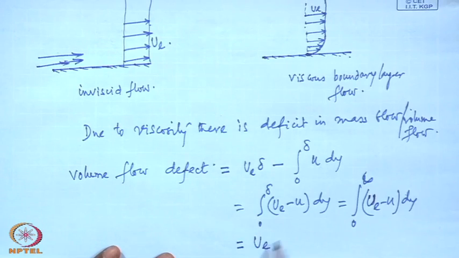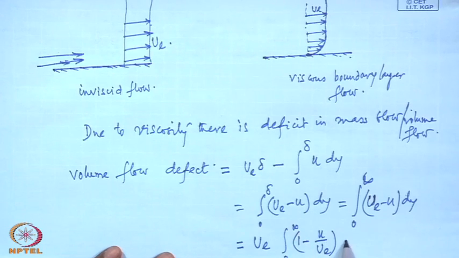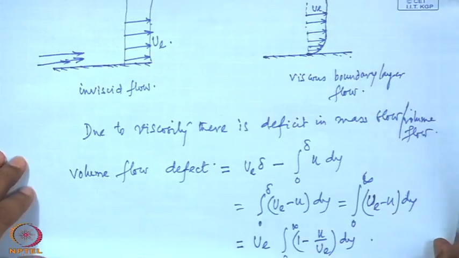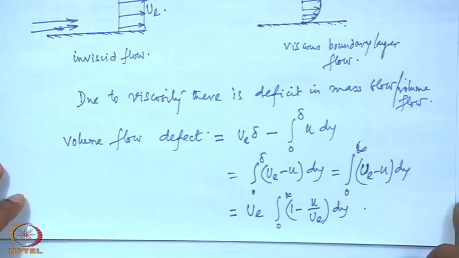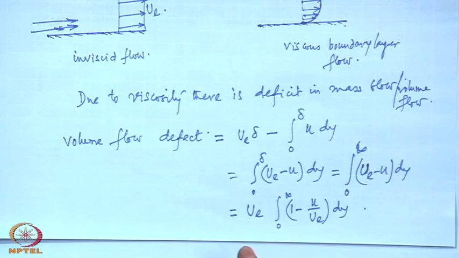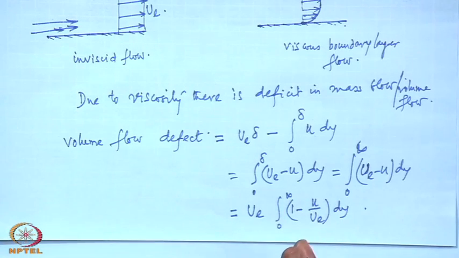And this becomes... so this is the volume of fluid that will flow less because of the viscous effect. This amount of volume will not be able to flow.